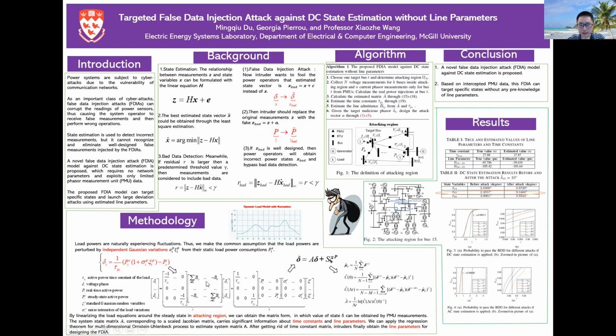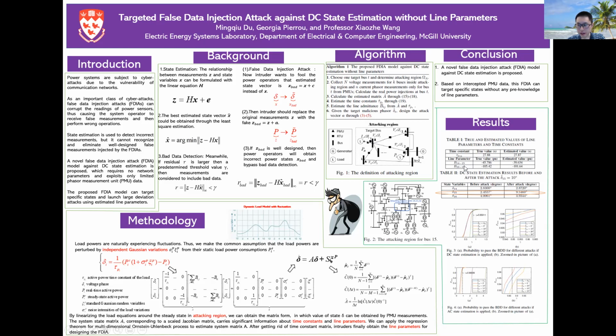Then we can estimate the time constant, and after getting rid of that, we can obtain the line admittance B_ij here. And finally, in step 6, given the target and malicious phasors, we can design the attack vectors through the equations.